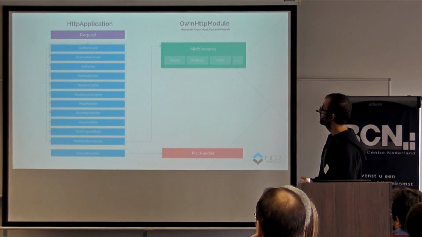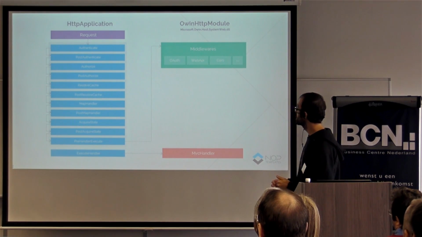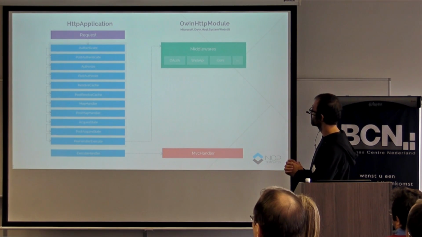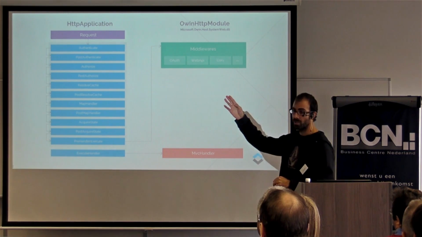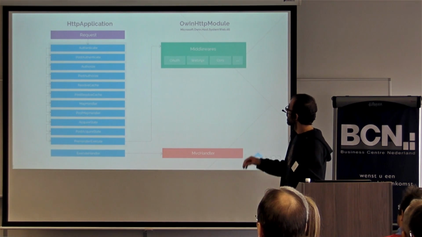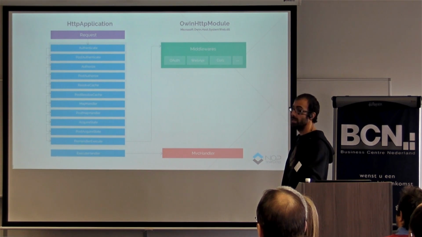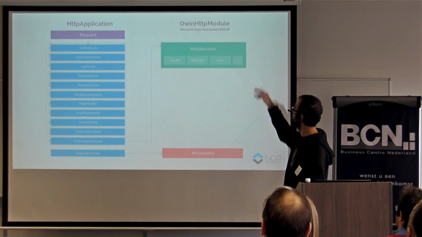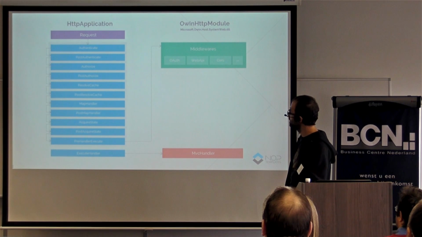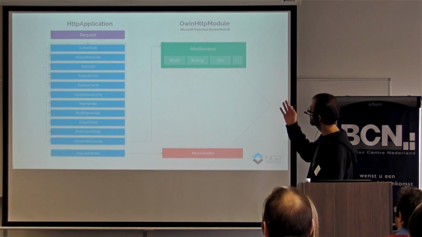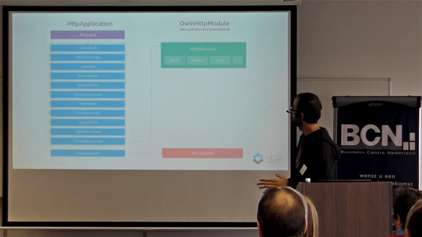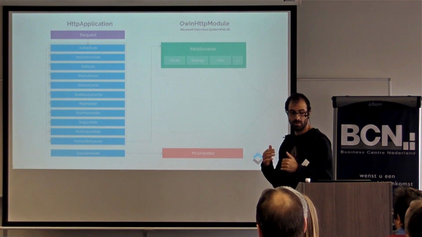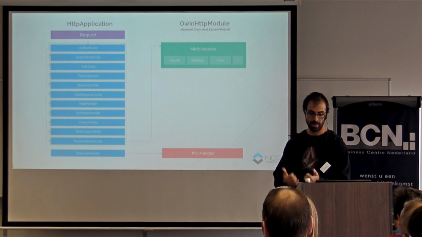Here I want to briefly talk about how this is achieved. So if you want OWIN to integrate with your HTTP application, you need to have this NuGet package in your solution. It's the Microsoft.Owin.Host.SystemWeb assembly. And this assembly contains one single HTTP module, which is initialized by the application.